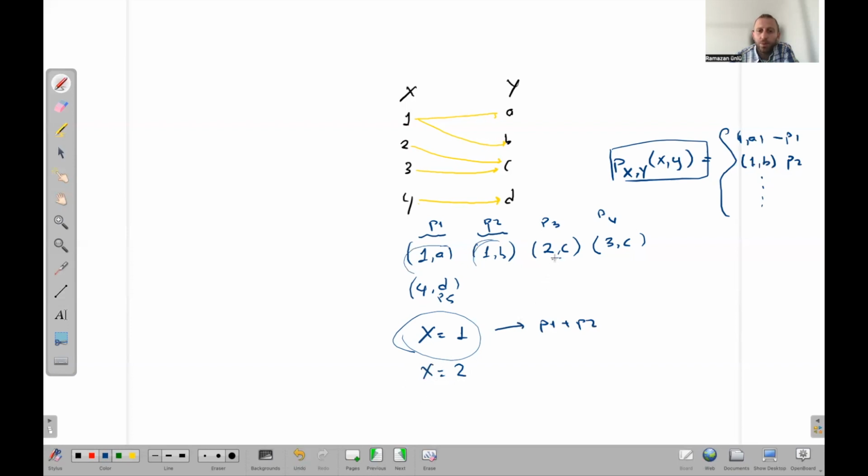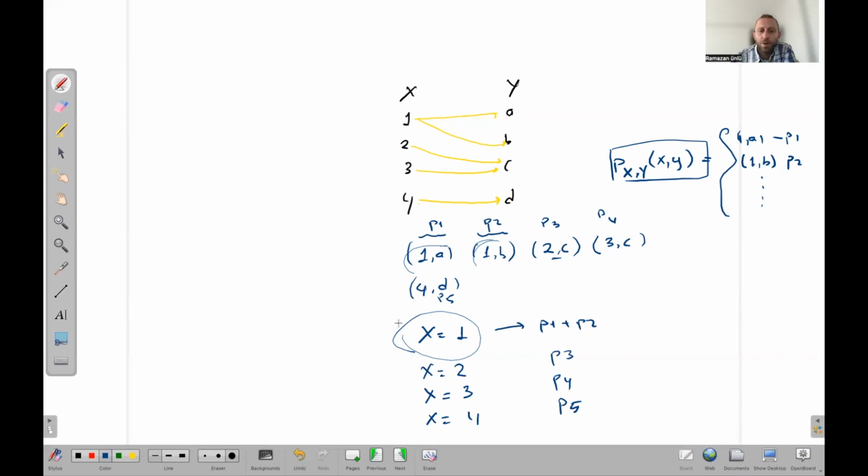X takes 2 here, and the probability is P3. The probability that X takes 3 is only this one, which is P4. And the probability that X takes 4 is this one, P5.